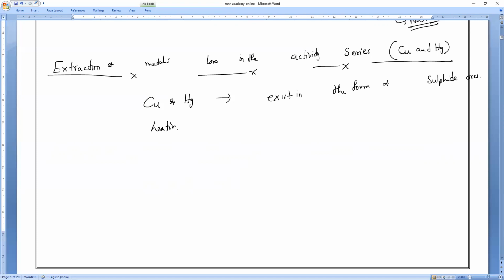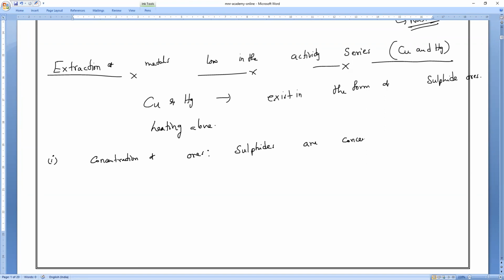Heating alone is sufficient to obtain the pure metal. So what is step one? Concentration of the ore. These sulfide ores are concentrated by some method. I have already taught you. Can you tell me?